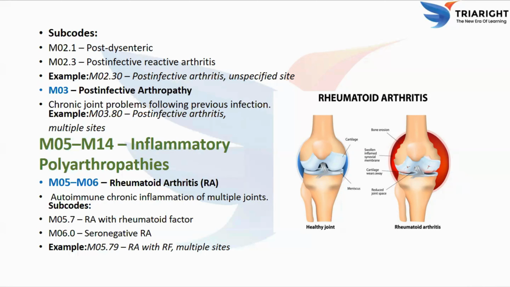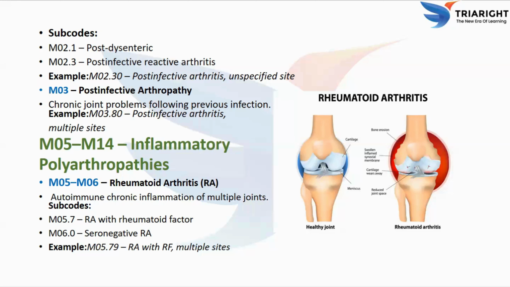So a general category for joint inflammation after any infection. So what is the example? M02.30, post-infective arthritis, unspecified site. So this is used whenever the exact joint is not specified. So this reactive arthritis commonly involves the knees, ankles and feet, appearing 1 to 4 weeks after an infection.